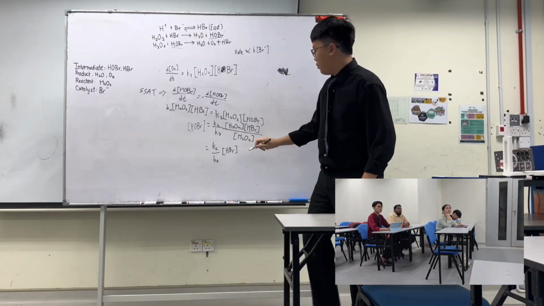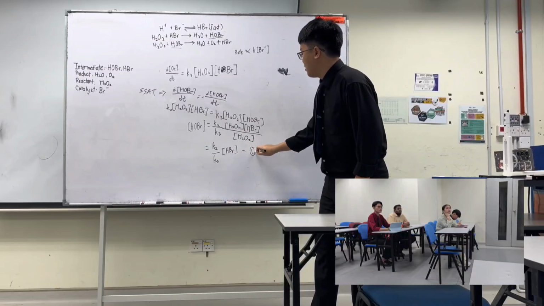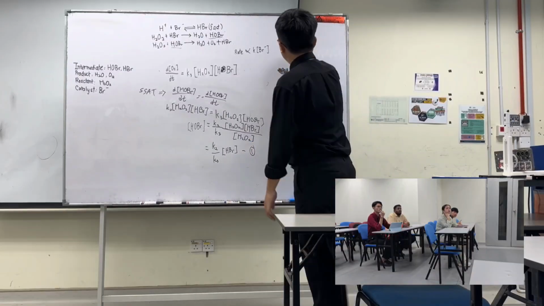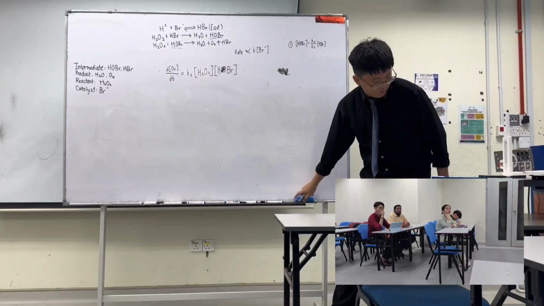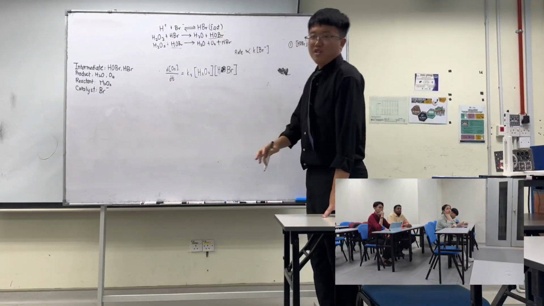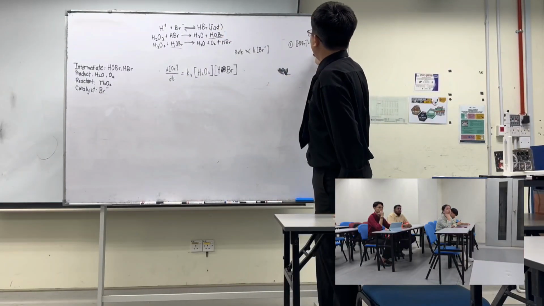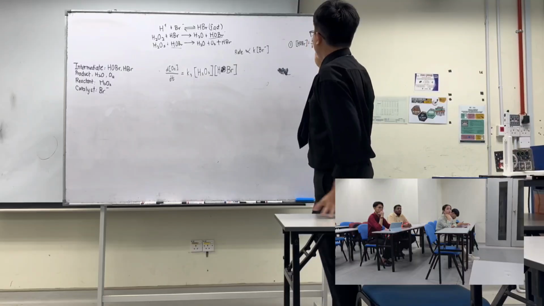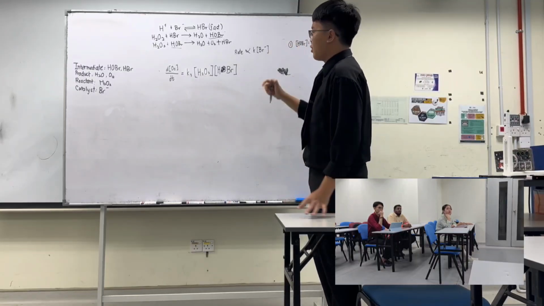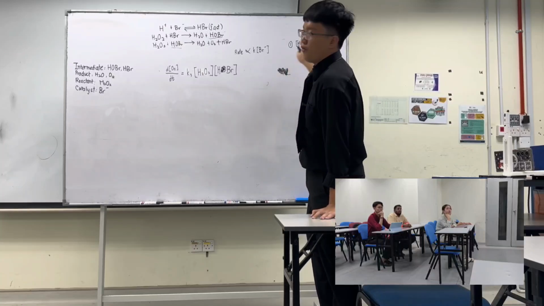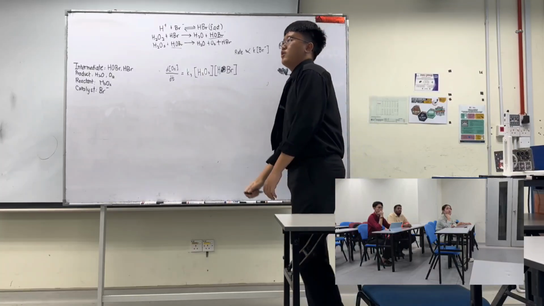Okay, so this will be our first equation. From the first equation, we notice that HBr is still an intermediate inside our equation. So we need to proceed with another SSAT to find out the concentration of HBr.